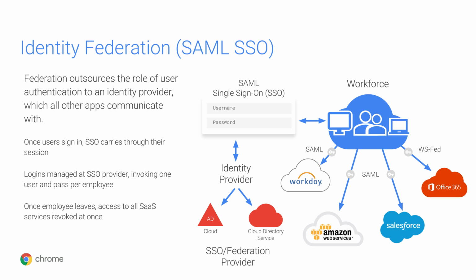And then you log in with your identity provider, and then your identity provider provides an assertion to Salesforce or to Workday or to Amazon Web Services that the user actually has authenticated. And in effect, it's a very interesting protocol because it allows you to offload entirely the step of user authentication back to the identity provider and allows you to integrate seamlessly with SaaS applications.